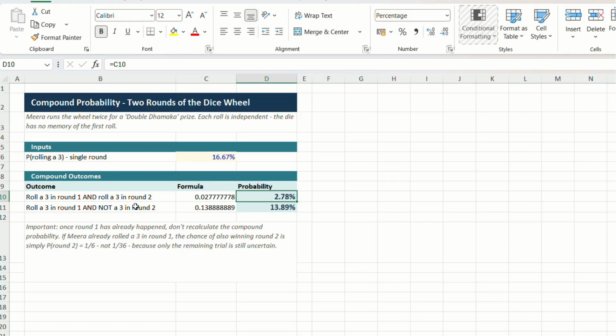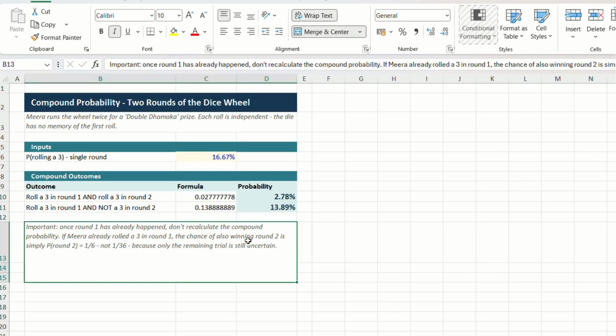2.78%. And what if in round 1 we got the roll of 3 and in round 2 there's not a winning face, which is C6 multiplied by 1 minus C6, and then we get a probability of 13.89%. So what is the trap?